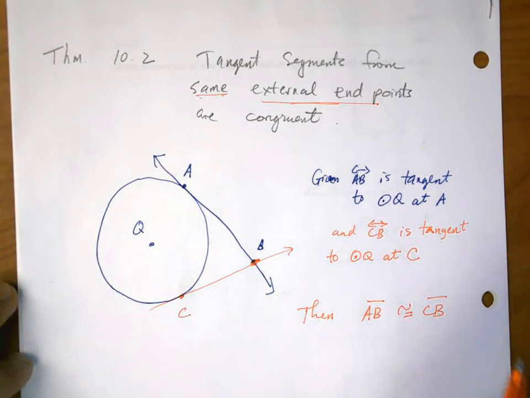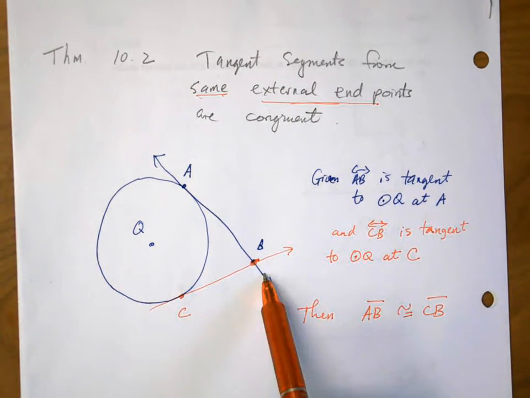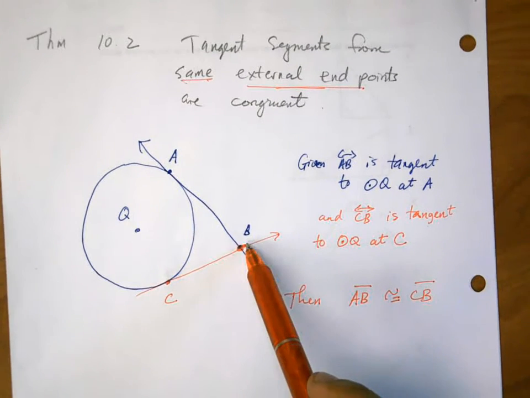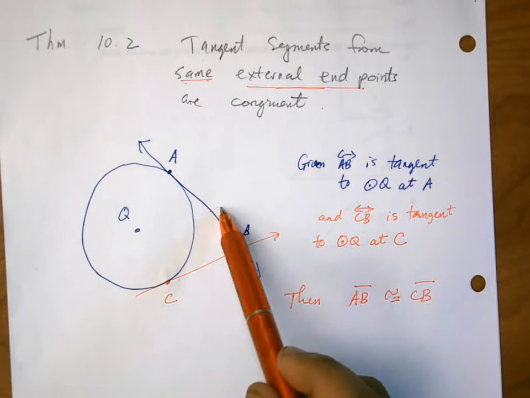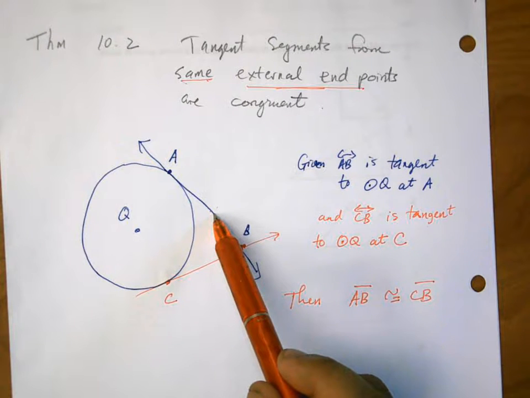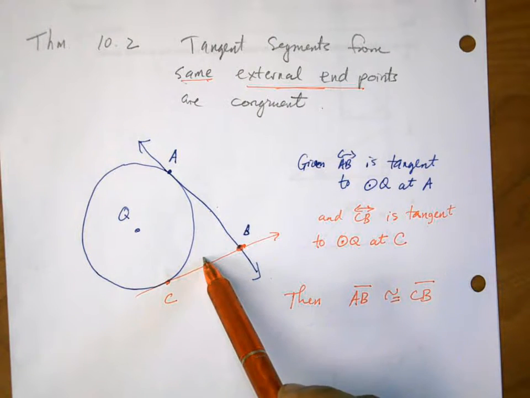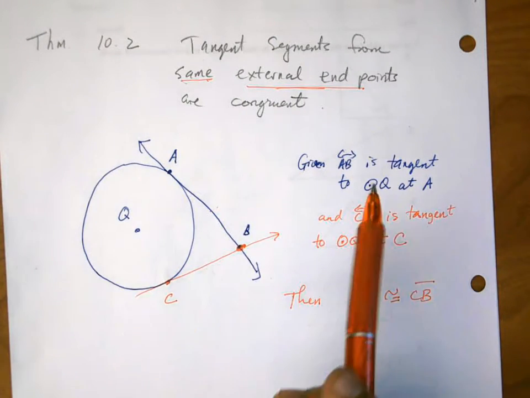Okay. So if you have two tangents that intersect at some external endpoint, then this segment, the tangent segment, is congruent to the other tangent segment.